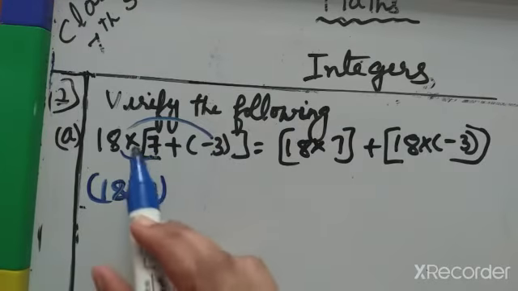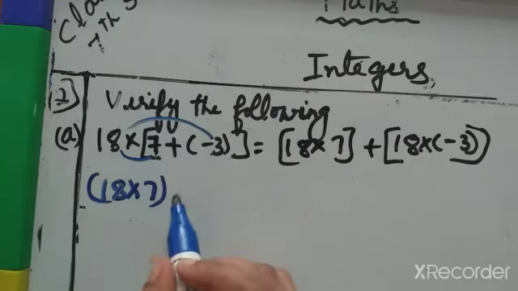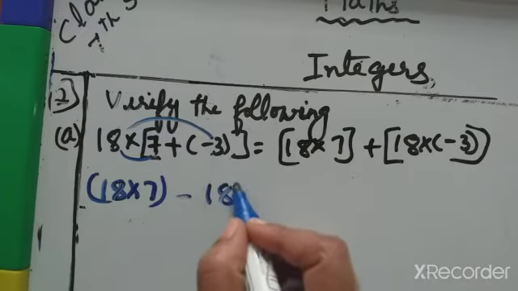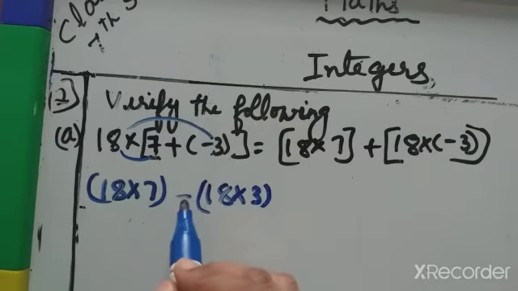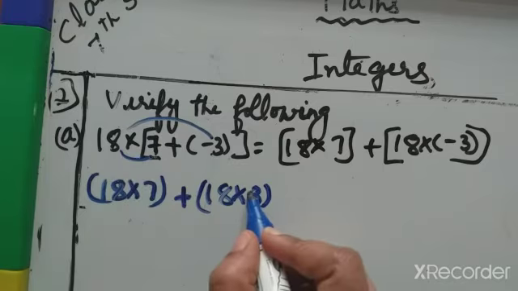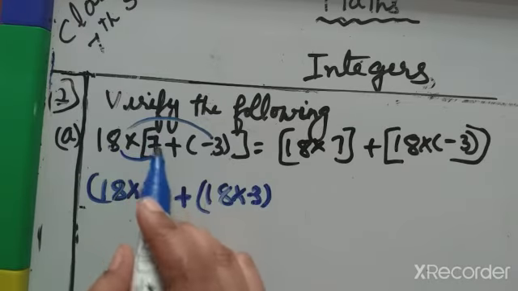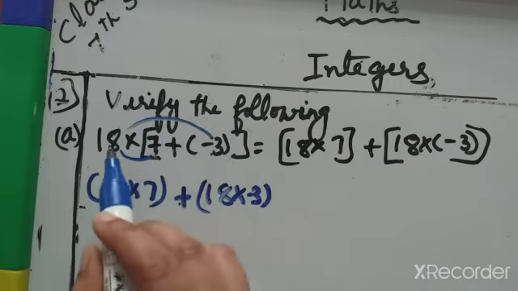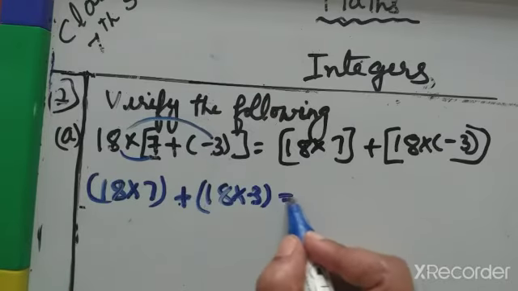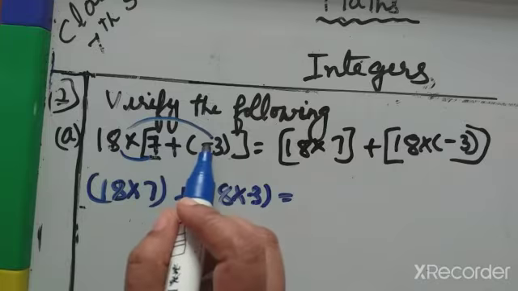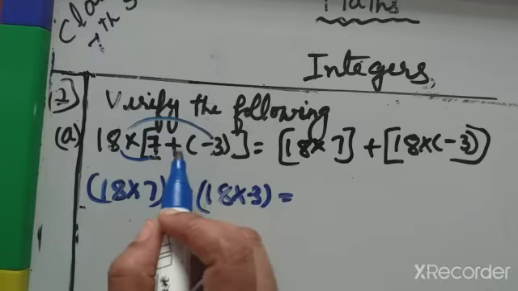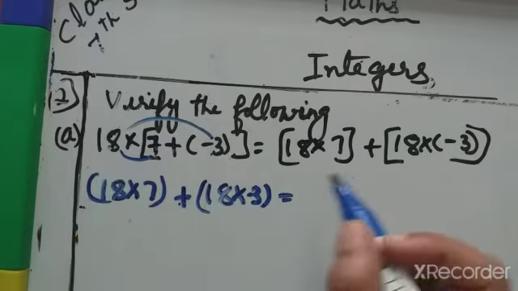Plus into minus is minus. Or we can simplify the bracket, remove the bracket: 7 minus 3 means 4, and we can multiply 4 into 18. Both ways we can do.